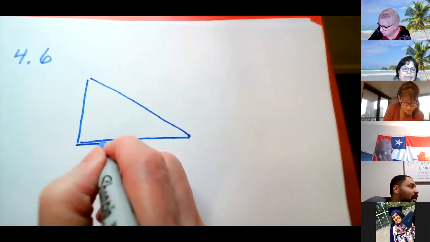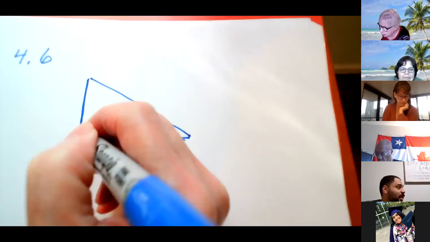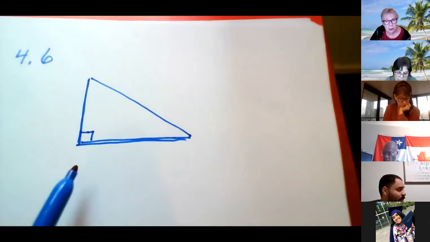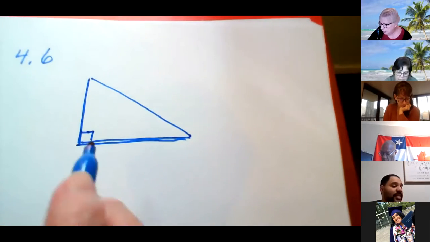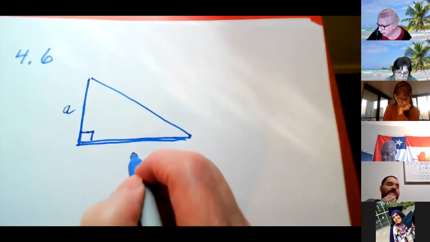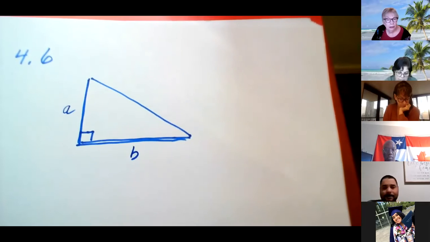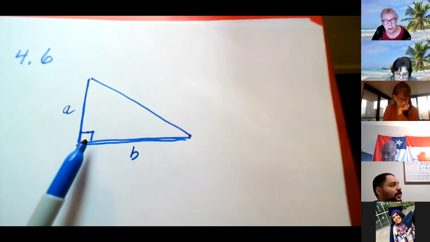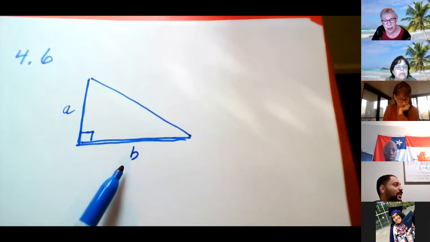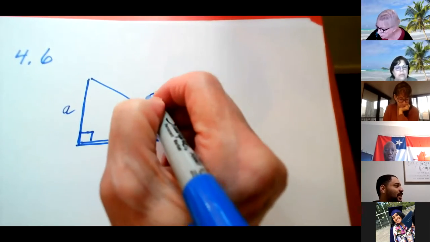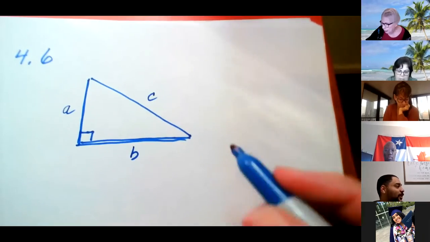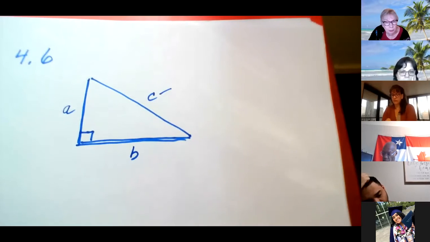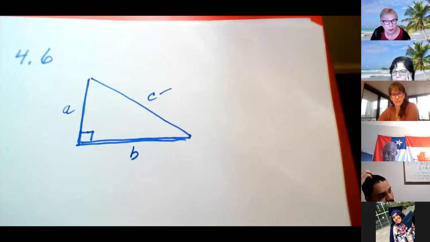And so what it amounts to is these two of the sides are perpendicular to each other. In other words, they form a 90-degree angle. Usually when they start it, they call the two sides next to the right angle A and B, and they might call this one C. Now the side C is called the hypotenuse, but it's always the longest side.